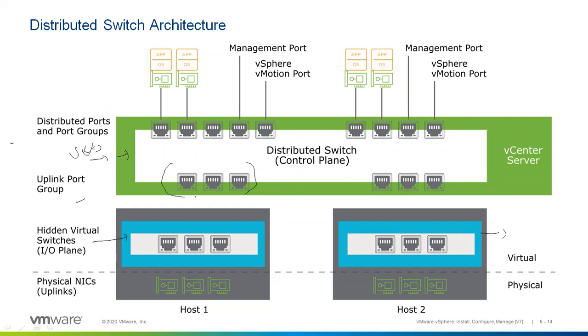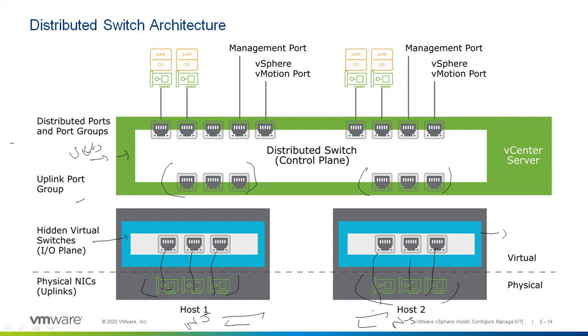DV uplink means how many uplinks these switches will use to connect with the underlying physical switch. So these are the three. We are mapping like that way, like that way, like that way. So these three physical ports will go to the underlying physical network switches.